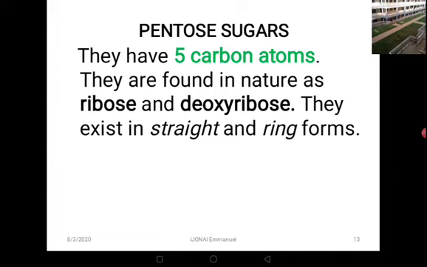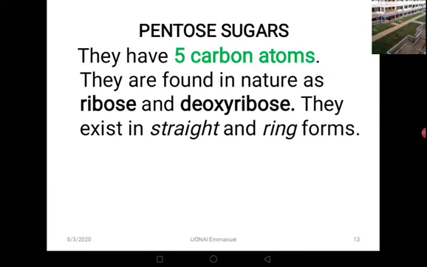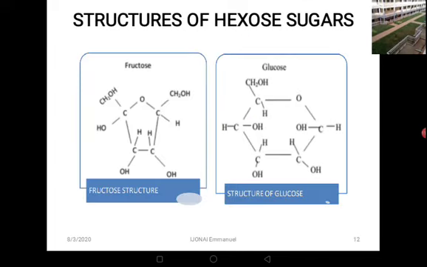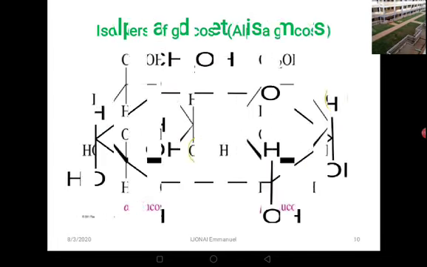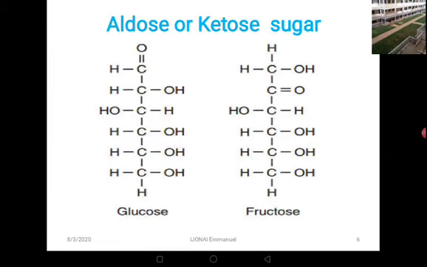Before we see shortly what straight and ring forms mean, what you are seeing here is a ring form, and what we saw earlier is what we call the straight chain. This one here is a straight or chain form of glucose, or of fructose for that matter.